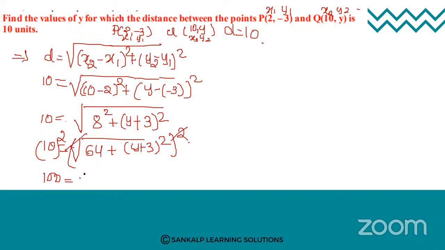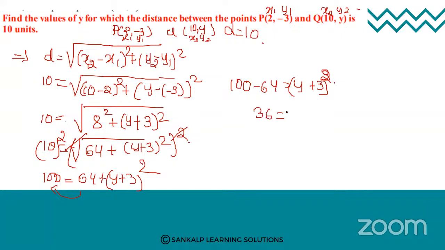Only 64 plus (y plus 3) whole square remains. Now transfer this 64 to this side. 100 minus 64 is equal to (y plus 3) square, right? 100 minus 64 is 36, right?